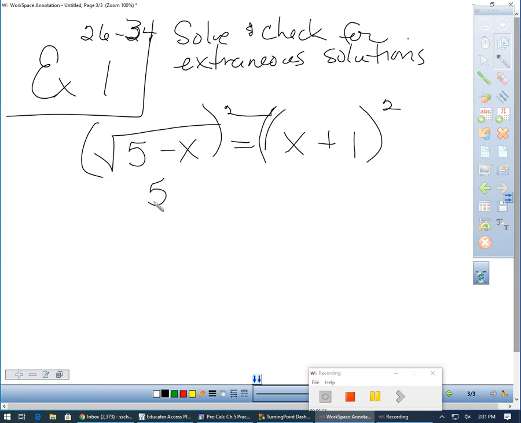We get 5 minus x equals, on this side, we have to put this in the box, x plus 1 times x plus 1. X times x is x squared. X times 1 is 1x. X times 1 is 1x. 1 times 1 is 1. So on this side, we have x squared, adding our diagonals together, plus 2x plus 1.